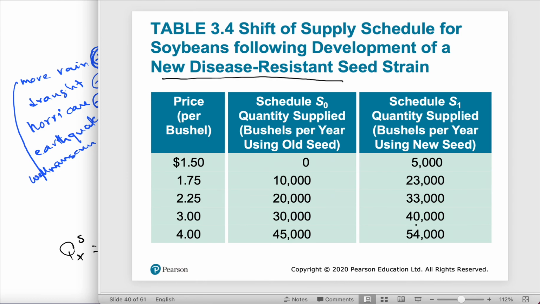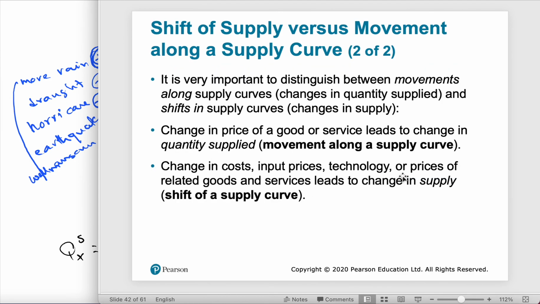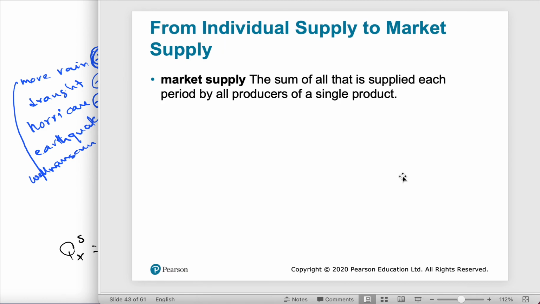So with the help of the new technology, genetic engineering, the supply curve is shifting to the right. Yes, that's been explained.